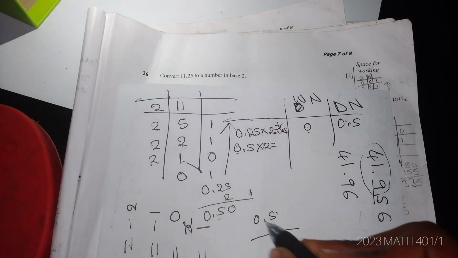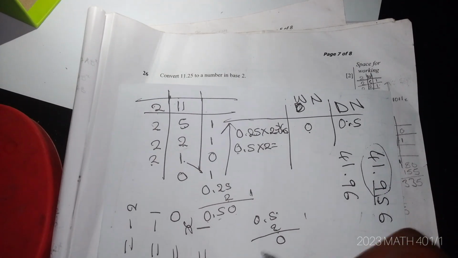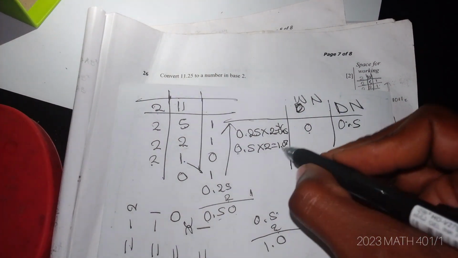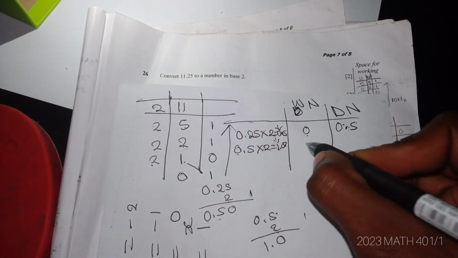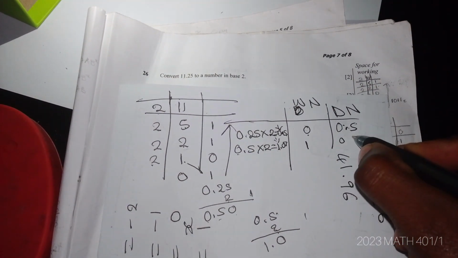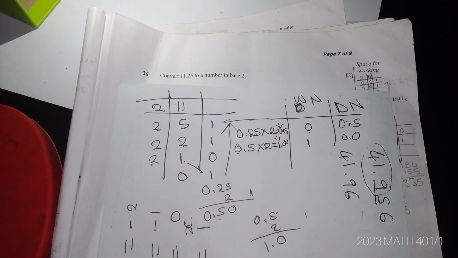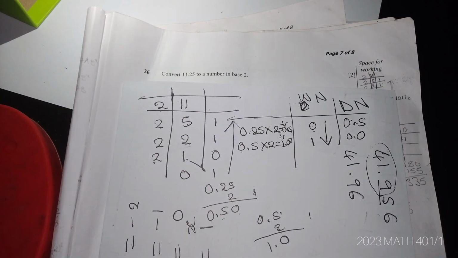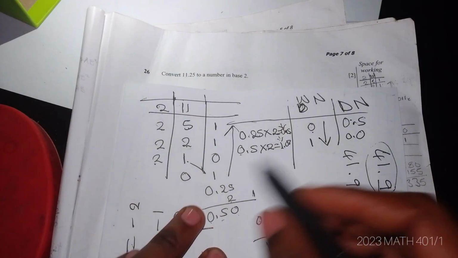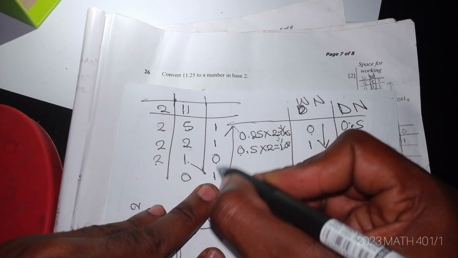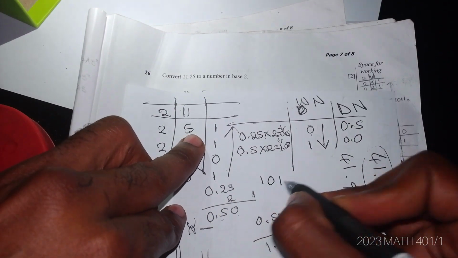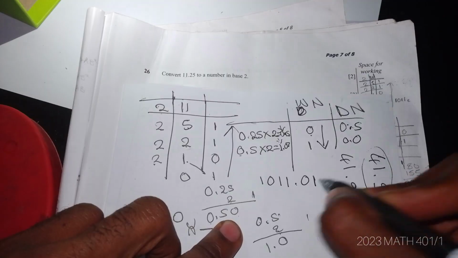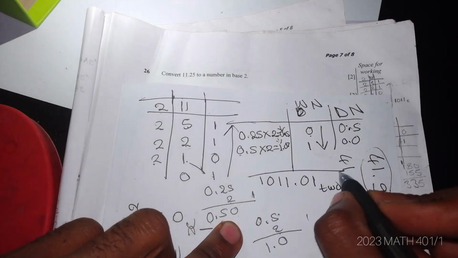That's a 0, carry 1, that's a 0 plus 1, so we have the 1.0. So you can write the whole number part, which is the 1, and then the decimal part this side. So you pick these numbers in this direction, but for these you go in the other direction. So your answer here will be 1011 point, you move backwards, 01 base 2, and you're done.